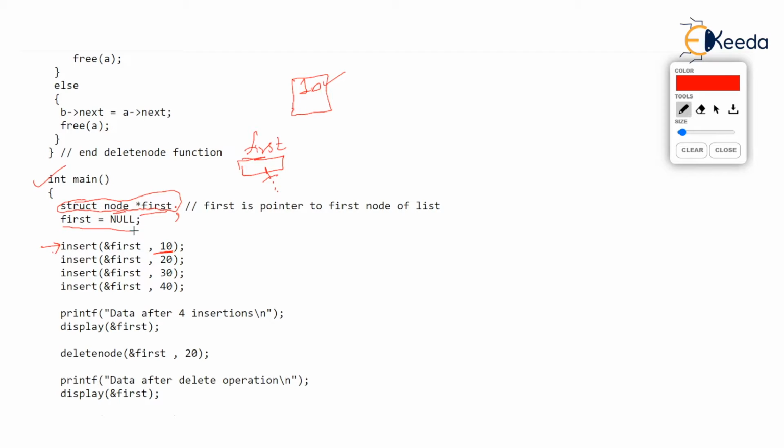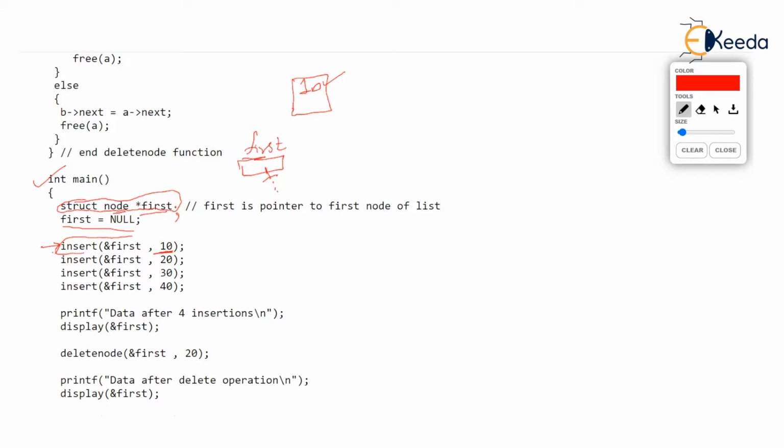Initially, those who are not very comfortable with pointers and pointer to pointer will find it a bit difficult, but I promise, this is my word, that after one or two executions of insert and discussion of this, you will be very comfortable with what passing a pointer means and what pointer to pointer means. But just observe the call to insert.